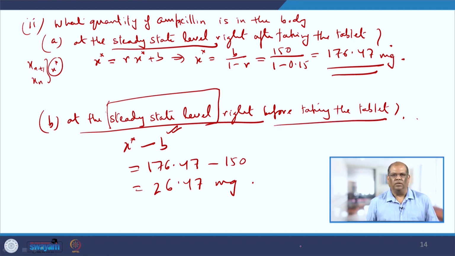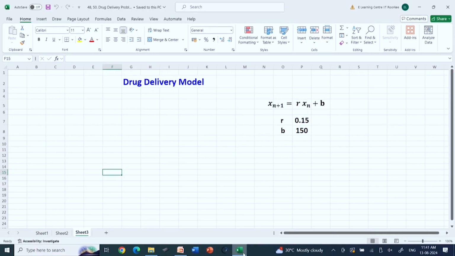Let's now solve this particular problem numerically using Microsoft Excel. So I already have the equation xn plus 1 equal to rxn plus b, where r is 0.15 and b is 150. So I have n and I have x.